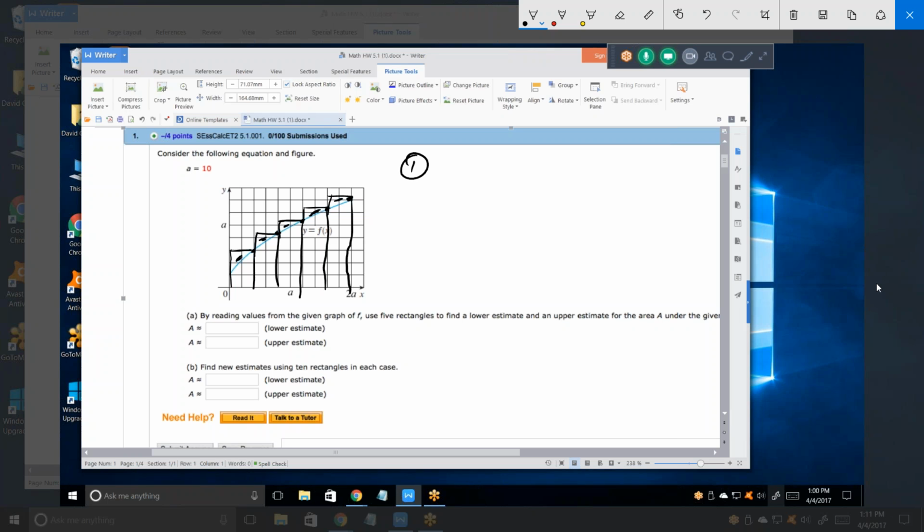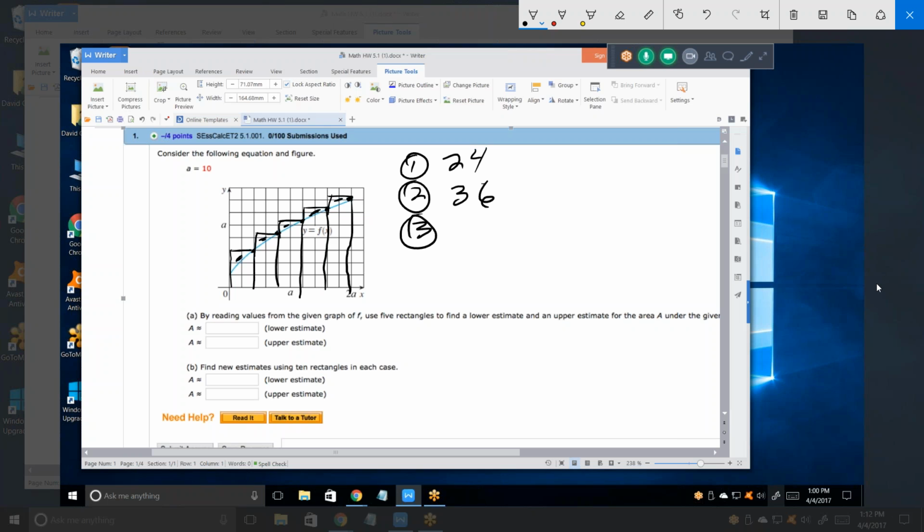Okay, so it's 6. So that's 4 by 6. How about the second one? That's 8. No, excuse me, that's 9. That's not on a grid. Right, it's not. It's halfway up. Okay, so that's 4 times 9.